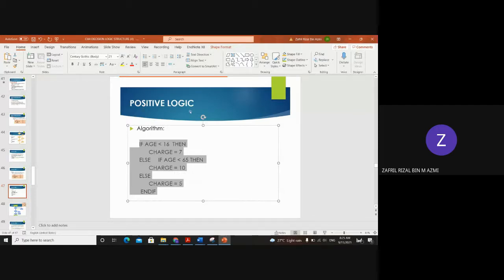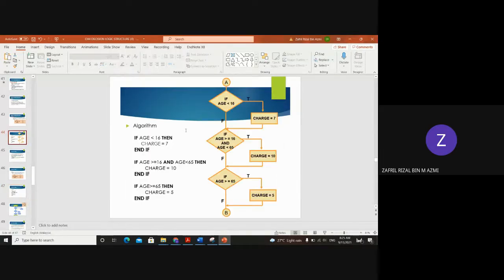This is positive logic. But if you compare with straight through logic, it treats the conditions as separate, independent conditions. So this is one condition, we put an if, and then this is another condition, and another.